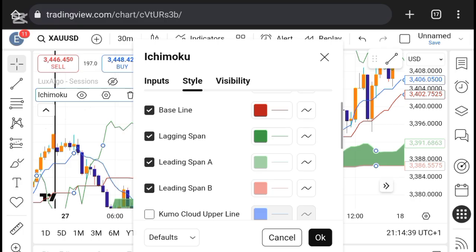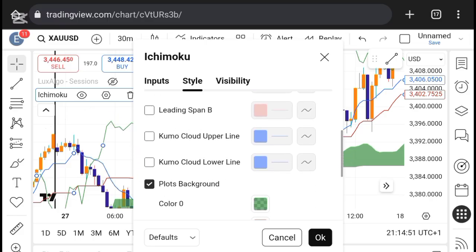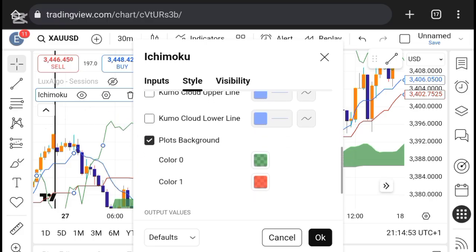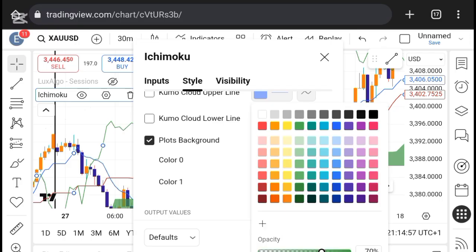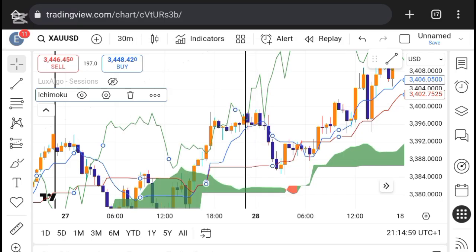I disable lagging span A, and I disable leading span A, leading span B. So I disable these ones. I'm left with just two. And then the cloud, I have to make sure that the cloud color becomes dipped, and that I click done. So that was all.